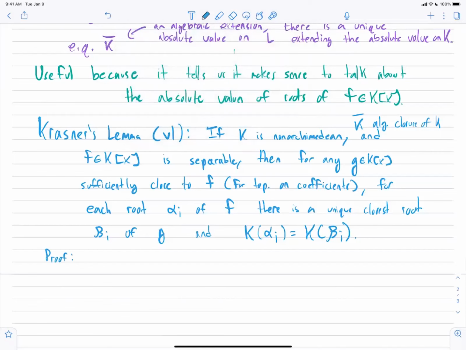Well, you just use the Newton method version of Hensel's lemma. This was on the worksheet. This is the strong version of Hensel's lemma for roots.